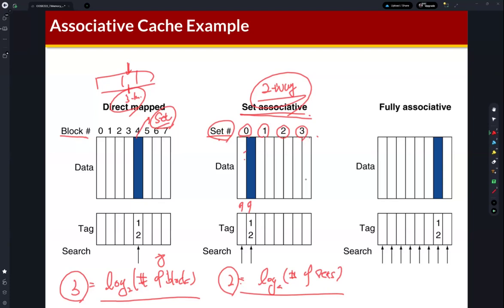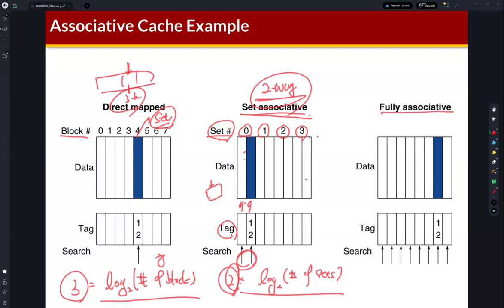When data is requested, we first identify the set index using the 2 bits in the address field, and then we compare tags in the target set. As you can see, we require 2 comparators because this is a two-way set associative cache.